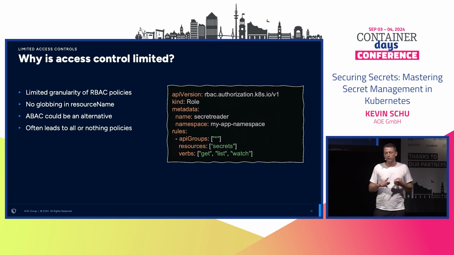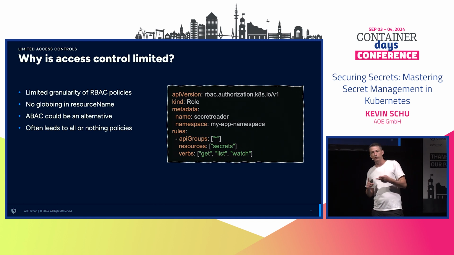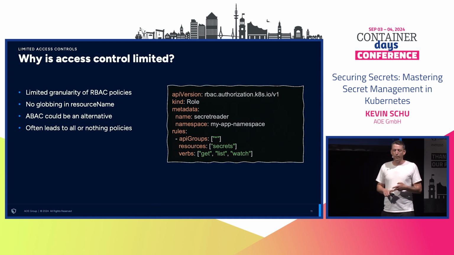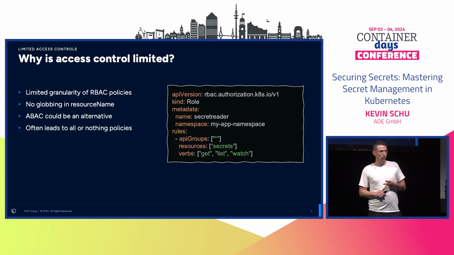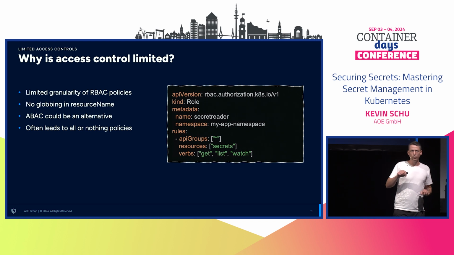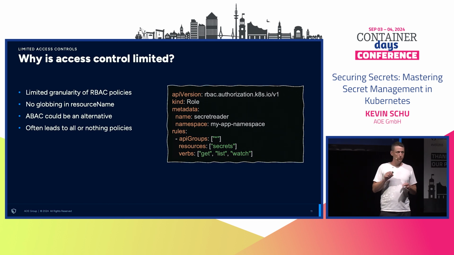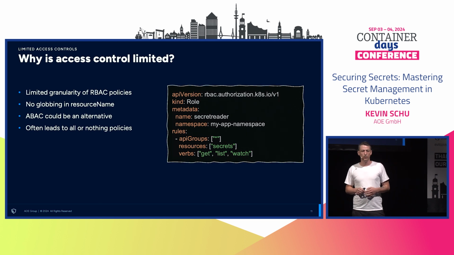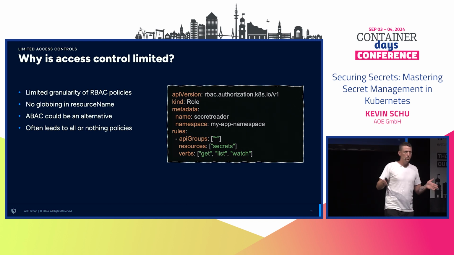You can define an API group, resources, and some verbs. You can use wildcards and globbing, but when you want to drill down to a specific Kubernetes secret, you can't use any globbing anymore. It's just a full name, it needs to match.